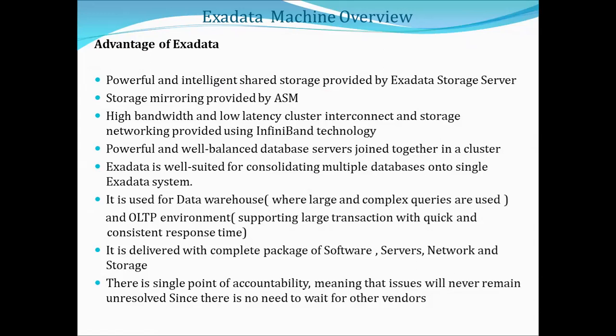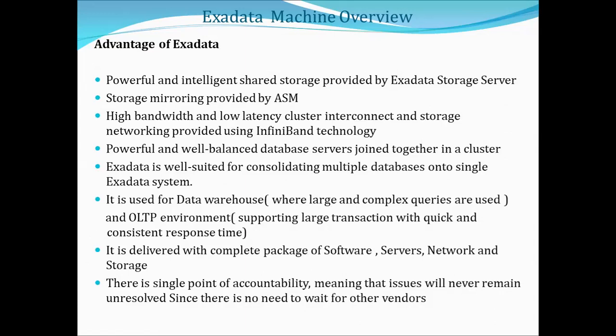High bandwidth and low latency cluster interconnect and storage networking is provided using InfiniBand technology. Powerful and well balanced database servers are joined together in a cluster. Exadata is well suited for consolidating multiple databases onto a single Exadata machine. It is used for data warehouse as well as OLTP environments.